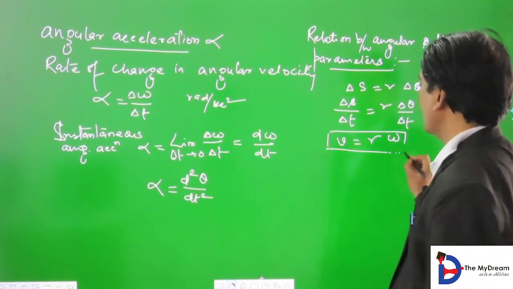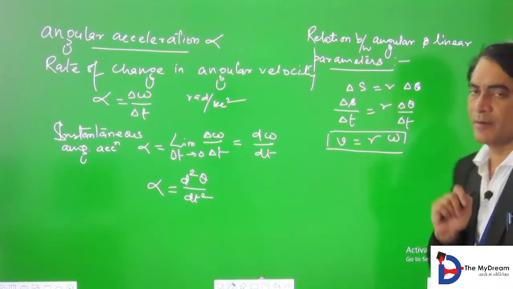So this is the relation between the linear velocity and the angular velocity.